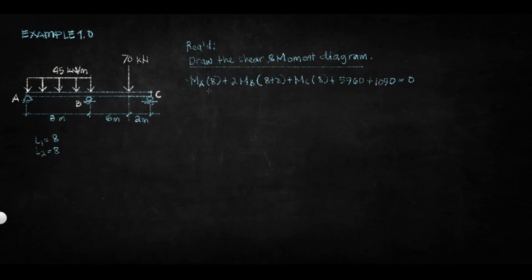Then, next is 8MA plus, so 8 plus 8, 16, so 32MB plus 8MC. Then it's going to add this and then transpose natin sa kabila. So we have 5,760 plus 1050. So we have negative 6,810.